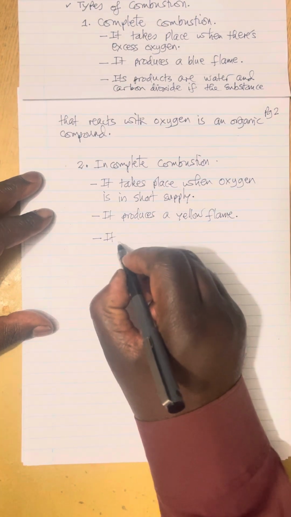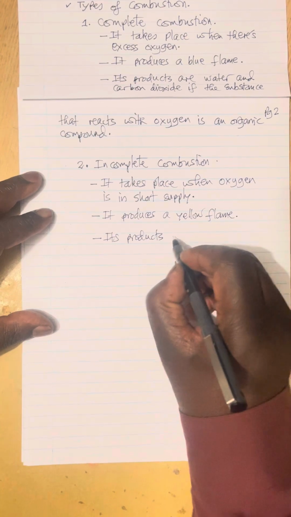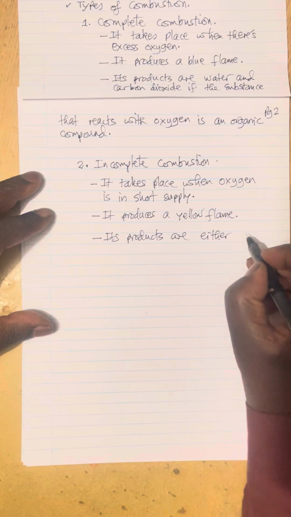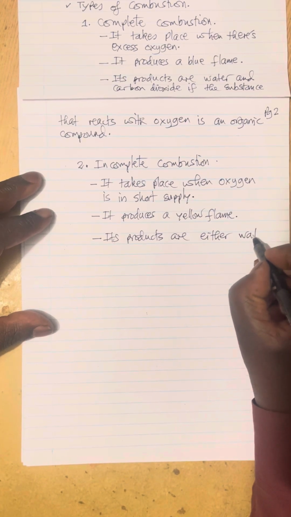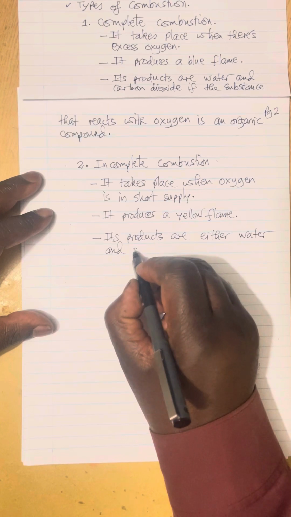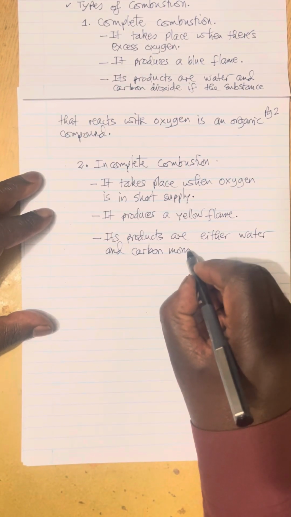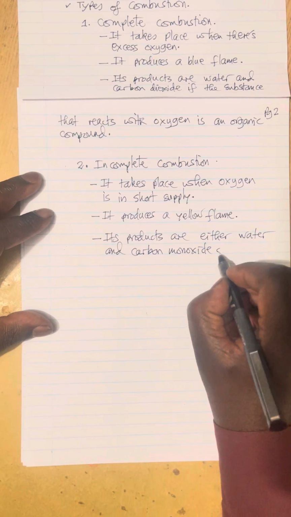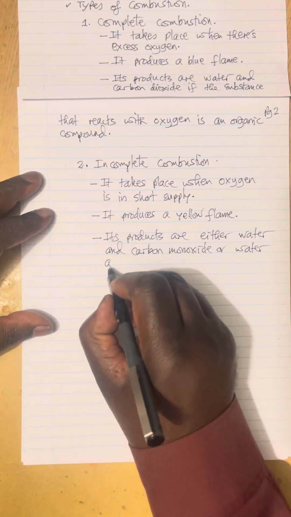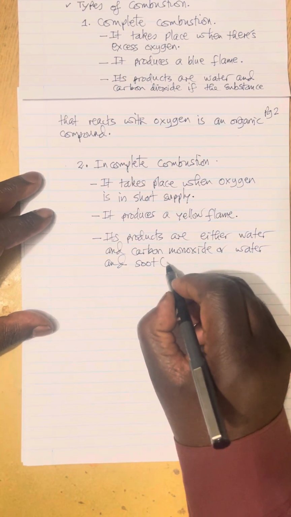Its products are either water and carbon monoxide, or water and soot, which is basically carbon.